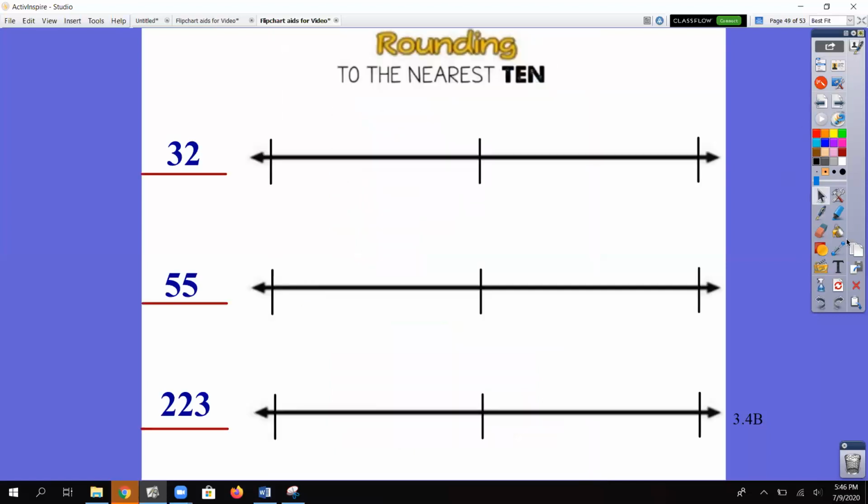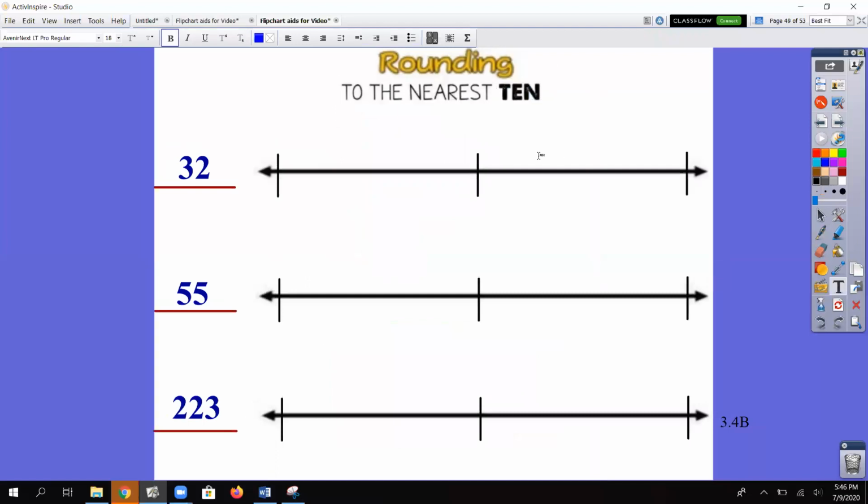So here, it says rounding to the nearest 10. Usually you'll have 2 digits, and sometimes you'll have 3 digits when you need to round to the nearest 10. So we'll practice both of those. So think about 32. In between what 2 tens is that? And sometimes we get stuck. So if you get stuck, you can actually just write your tens.